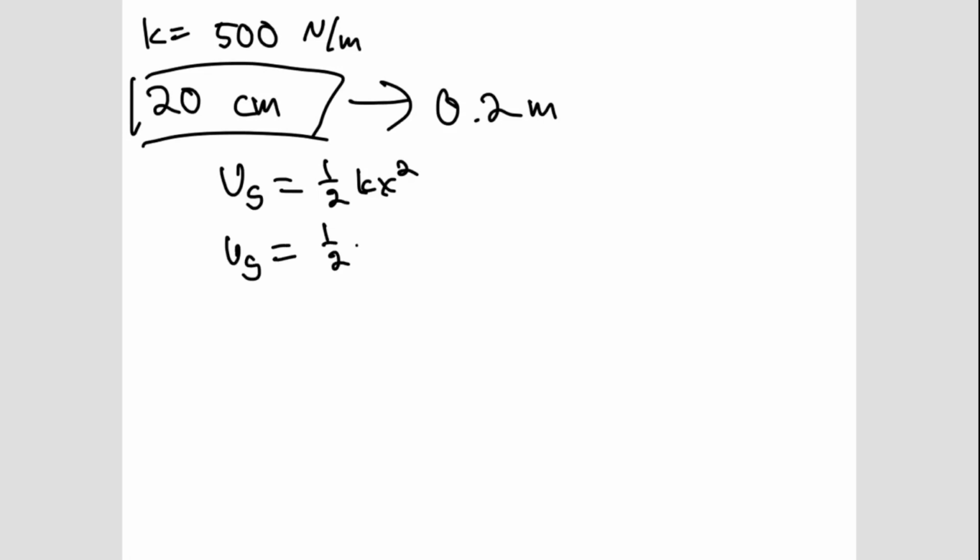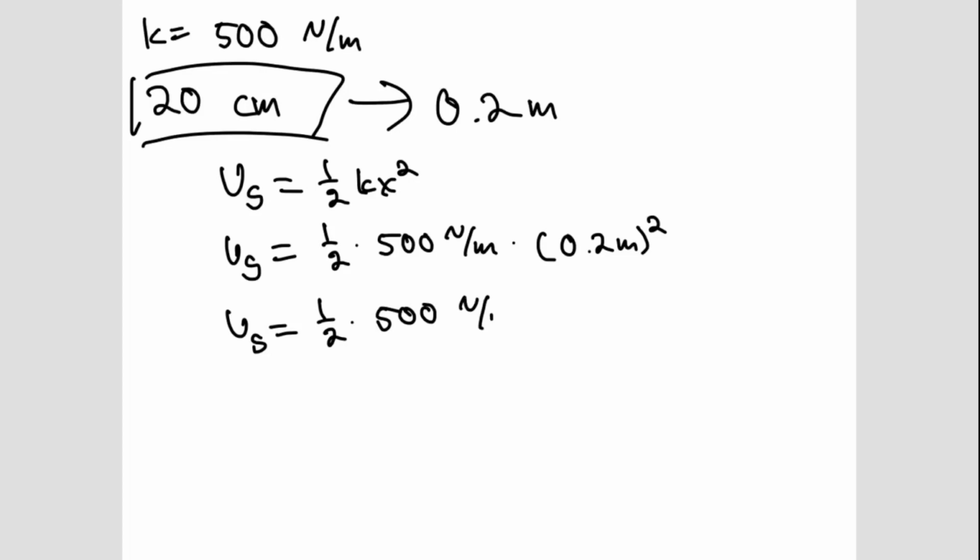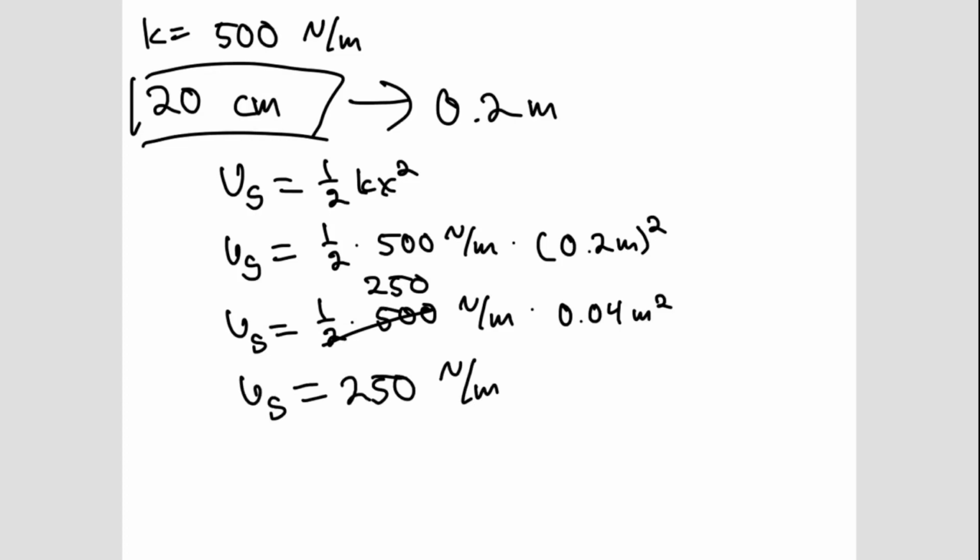Potential spring energy, 1/2 times 500 newtons per meter times 0.2 meters squared. That is 1/2 times 500 newtons per meter times 0.04 meters squared. Let's see how this simplifies. I can simplify that down to 250. I'm going to rewrite that, let's rewrite it as 4 over 100.